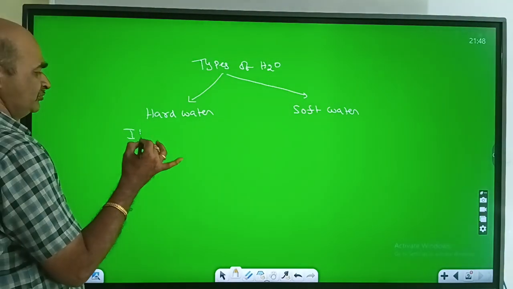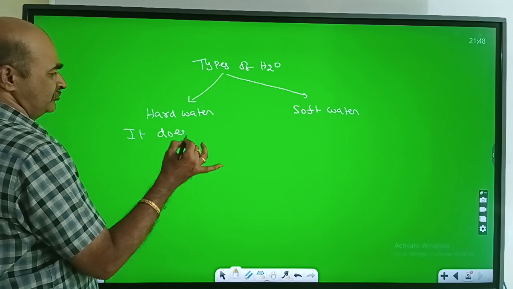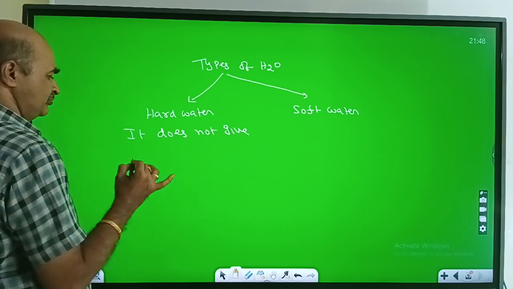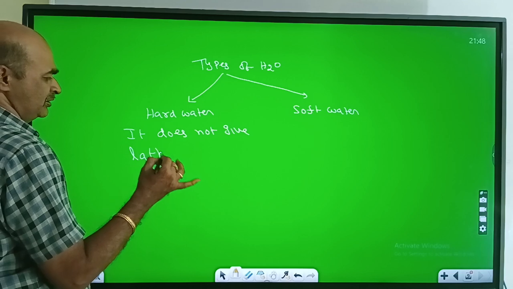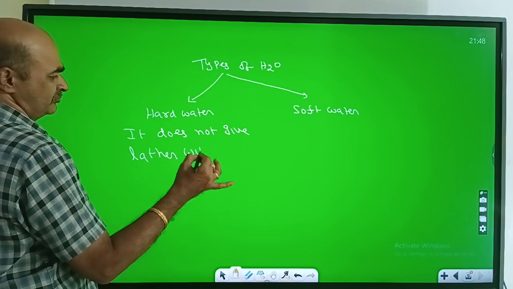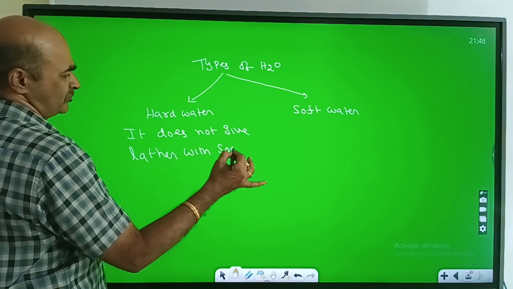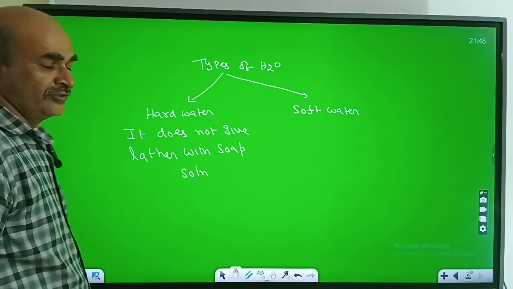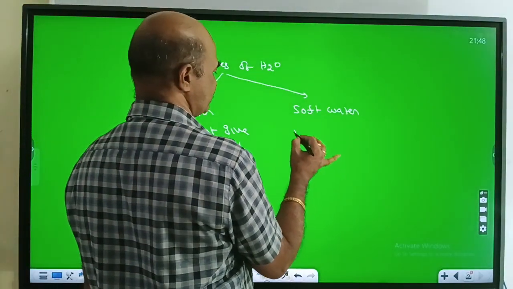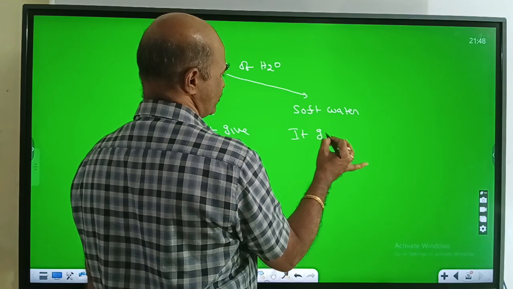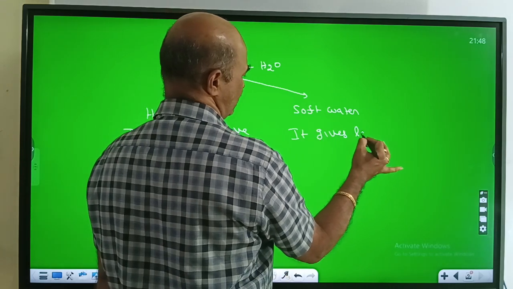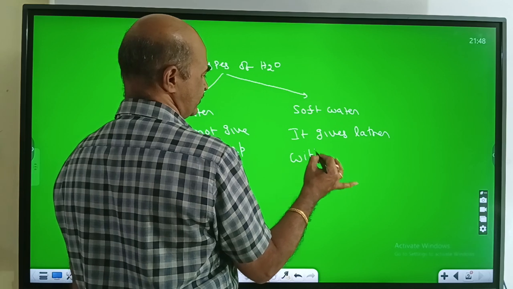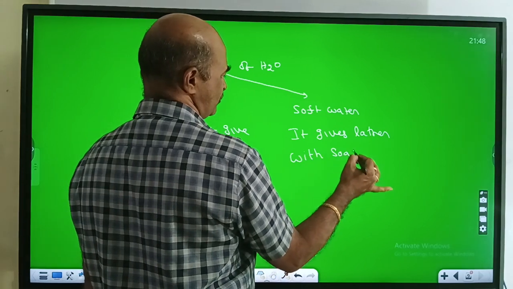Soft water gives lather with a soap solution.